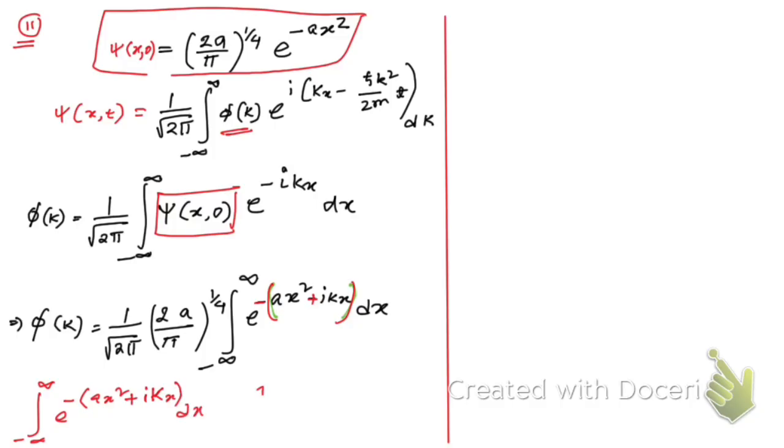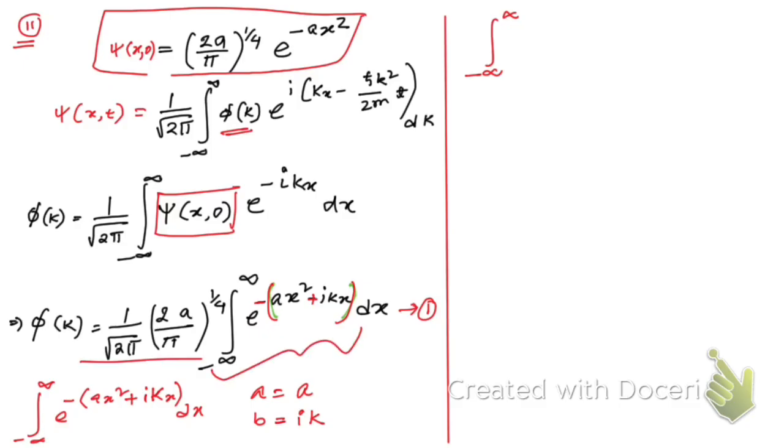Let us take a is equal to a here, and b is equal to ik. Let me consider it that way. Then this integration from minus infinity to plus infinity. Let me give here equation number 1.